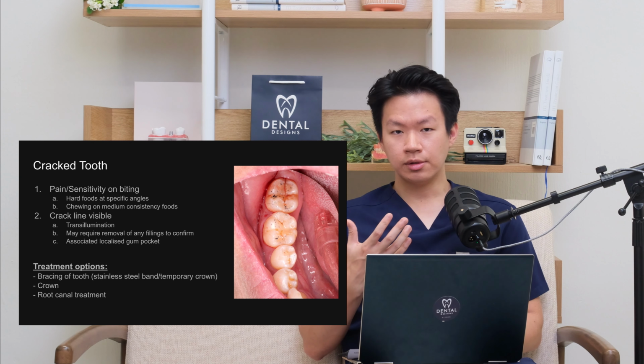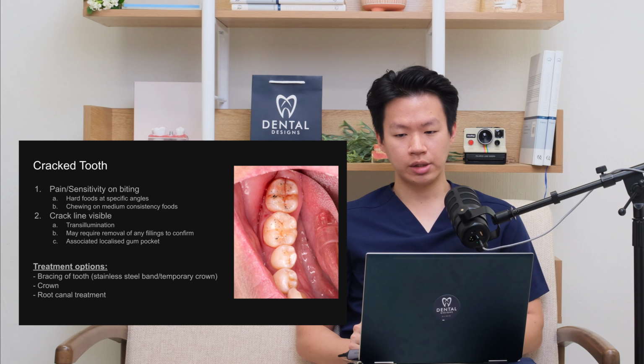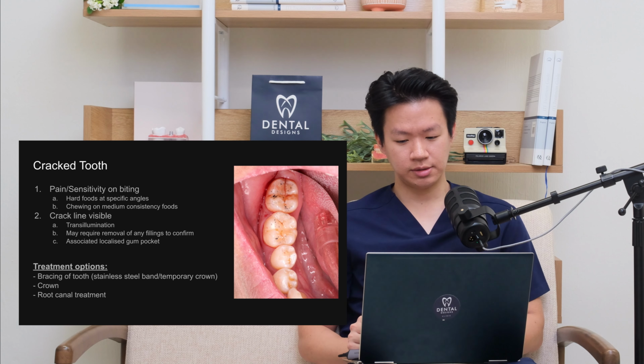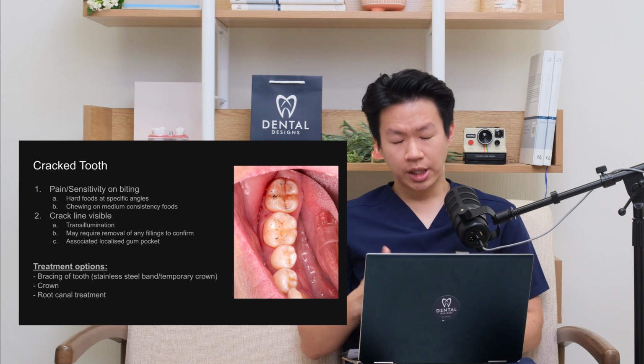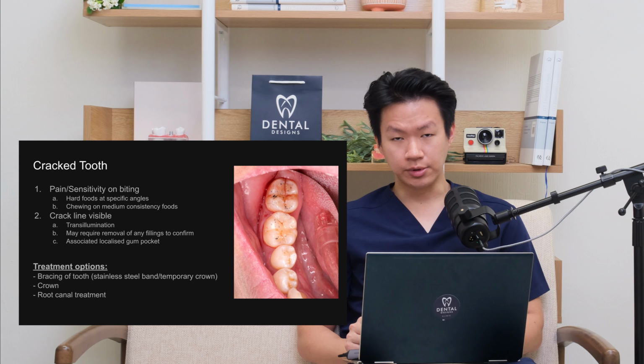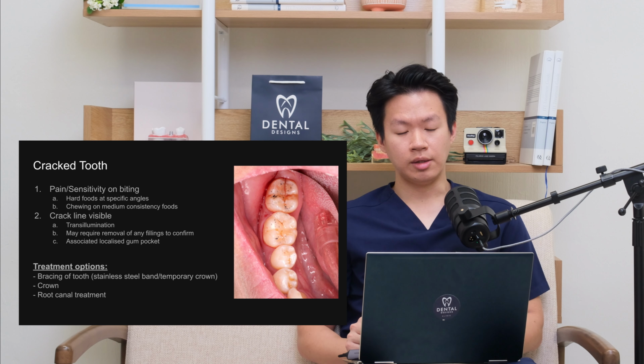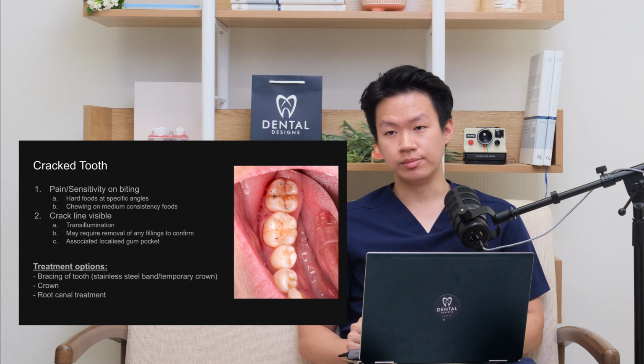And eventually, teeth with cracks will also require crowns, right? So as a more definitive treatment option. And occasionally, for teeth with cracks, they may also require a root canal treatment, right?